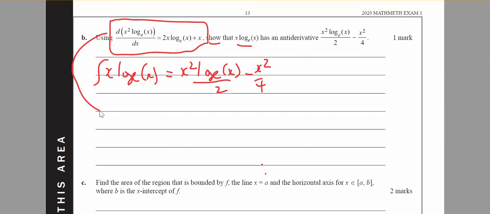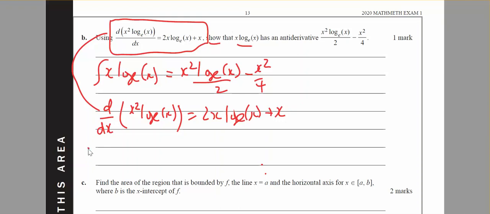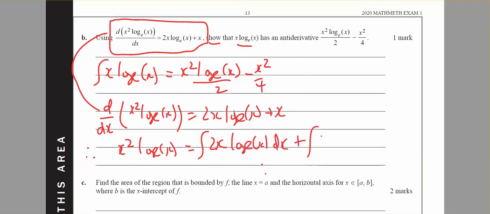So, if d/dx of x squared log base e of x equals 2x log base e of x plus x, therefore x squared log base e of x is the antiderivative of 2x log base e of x dx plus the antiderivative of x dx, which is x squared on 2.